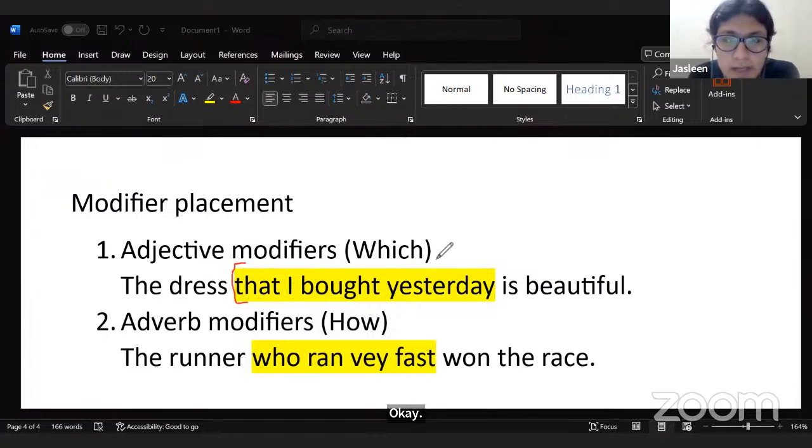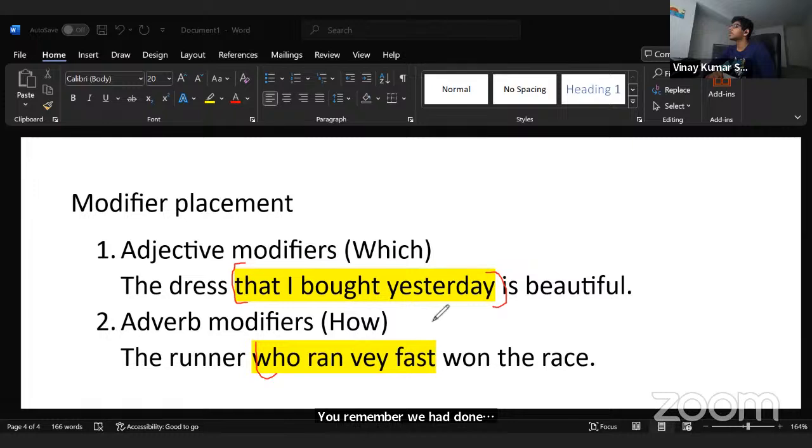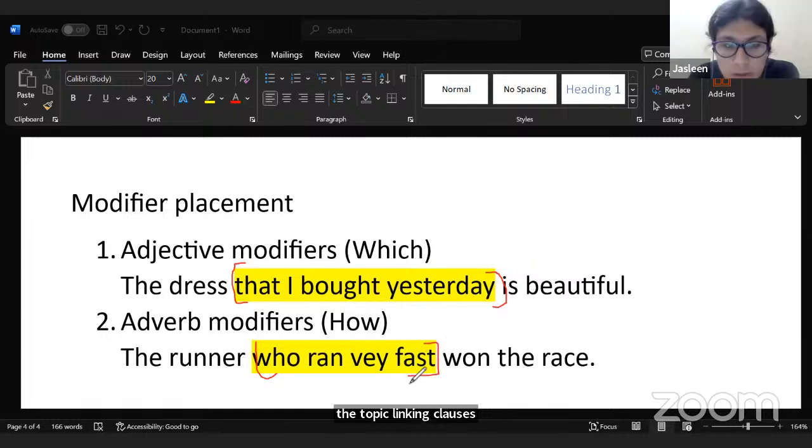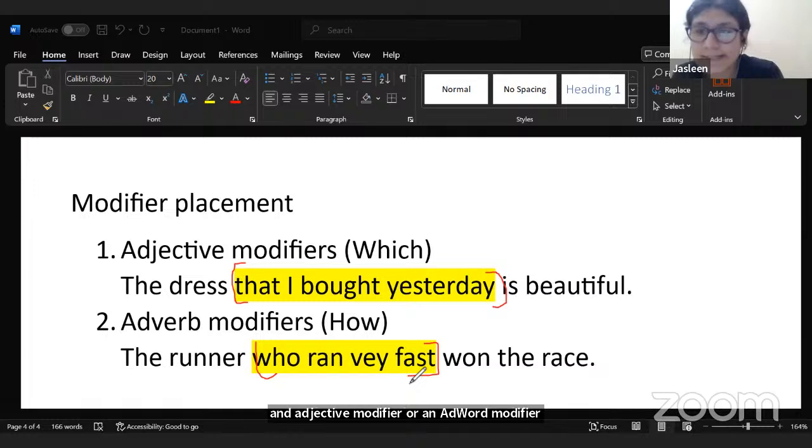You remember we had done the topic linking clauses. Whenever you make use of an adjective modifier or an adverb modifier, these will make the sentence into a complex sentence. So what are complex sentences? They will always have a subordinate or dependent clause within the independent clause.